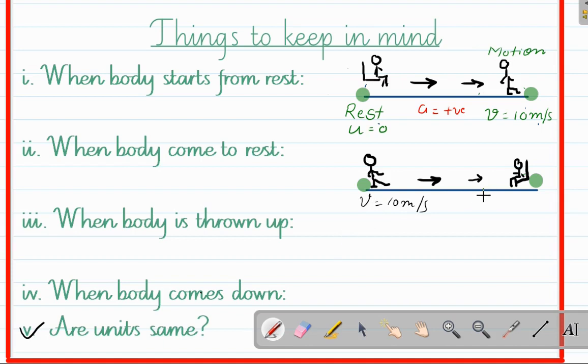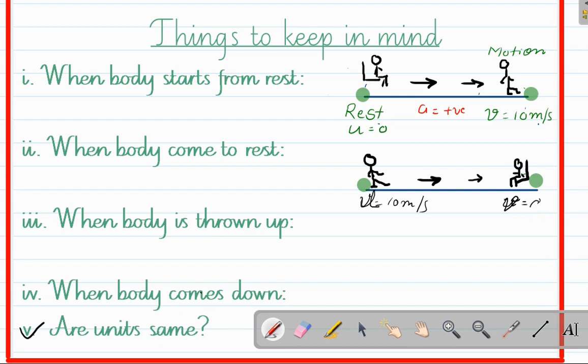After some time, he gets tired and starts taking rest. Now he is sitting in the chair, so he is at rest, and his velocity is 0. So in this case, my initial velocity is 10 meter per second, but my final velocity will be 0.